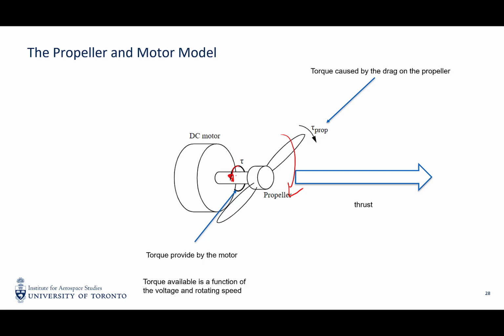On the shaft, we have a torque that makes the propeller spin. And while it spins, it generates a drag. So the propeller will generate a drag. And when these two, the torque provided by the motor and the drag generated by the propeller, balance each other, then we will have a steady state thrust as a function of the rotating speed.